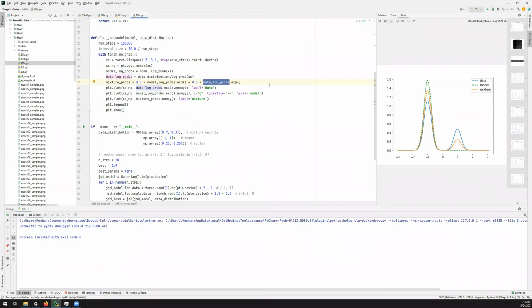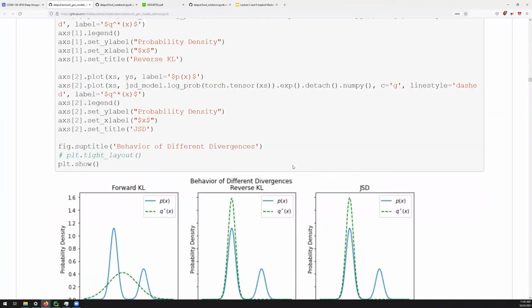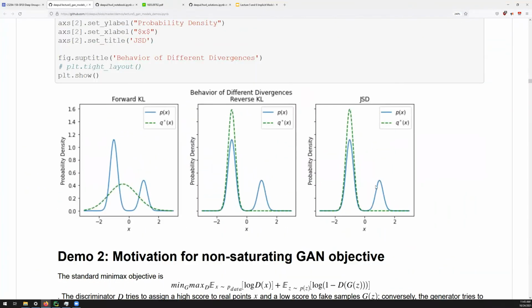So it's just half of that. But yeah, that's one that we already looked at. I know in the lecture presentation this was slightly off, but here they all look the same height. So I think it's exactly the same, all the data in GSD and reverse KL.